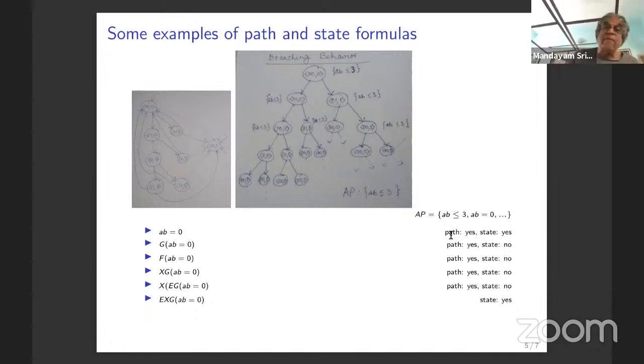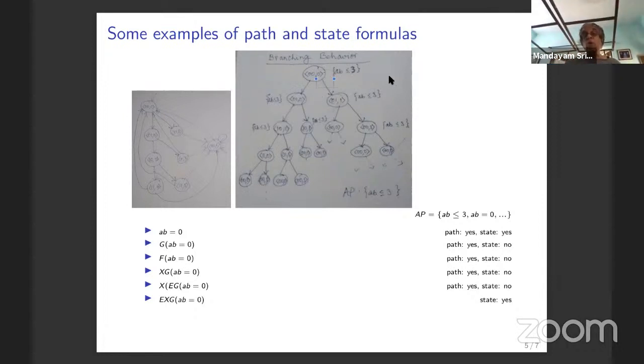If I want to say that from every initial state there exists a path that satisfies a certain path condition, how would you state it? That is how branching behavior is stated.